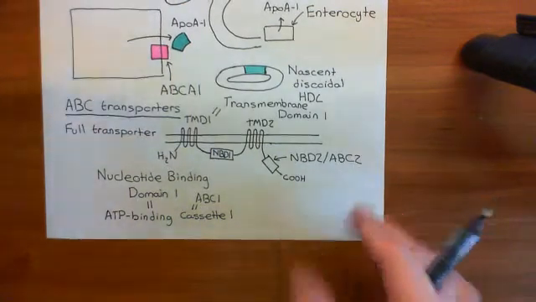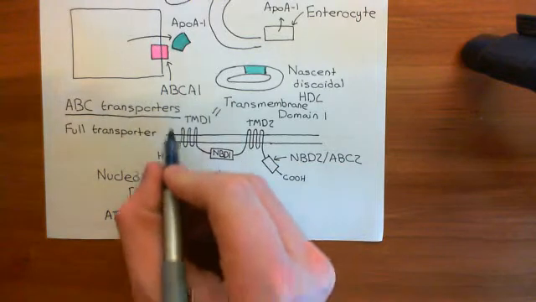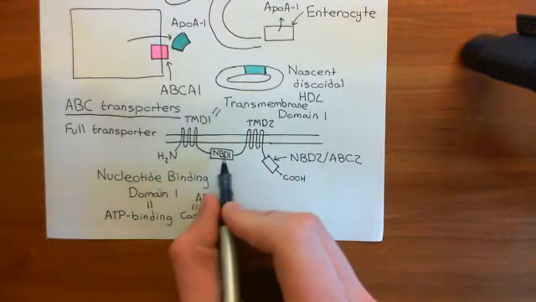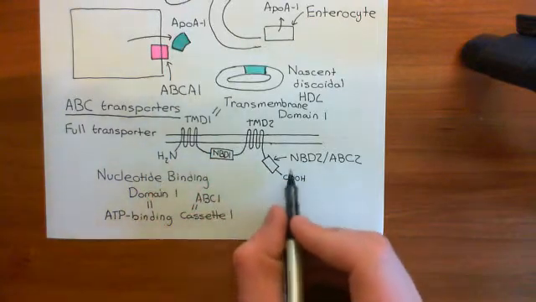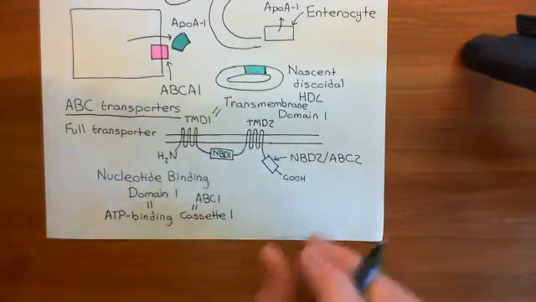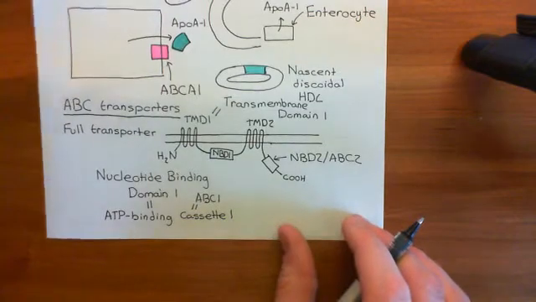So we've effectively got these two halves of the molecule. The transmembrane domain 1 with the nucleotide binding domain 1 is one half, and the transmembrane domain 2 with the nucleotide binding domain 2, that's the second half.